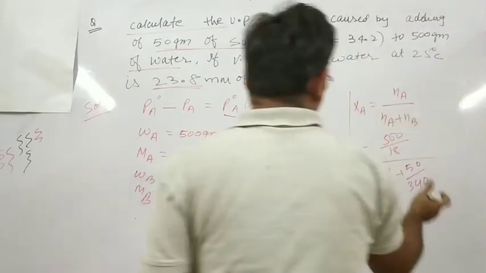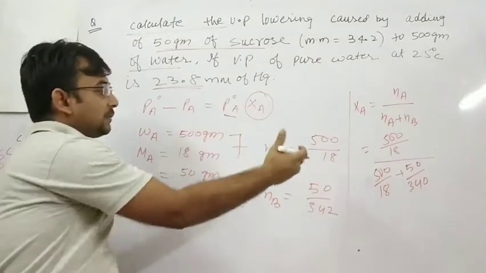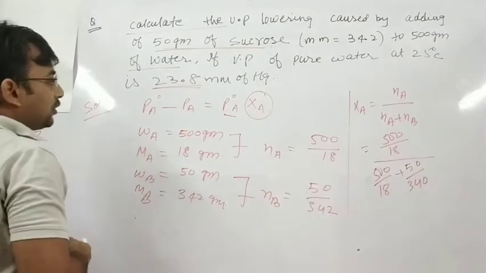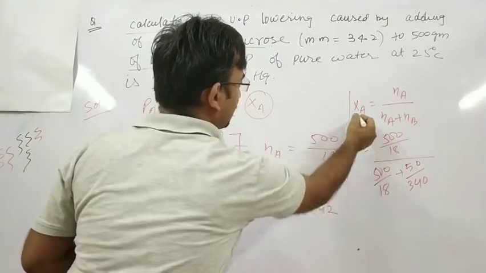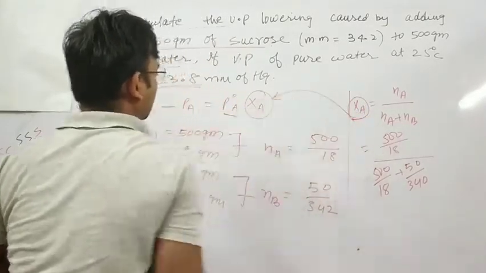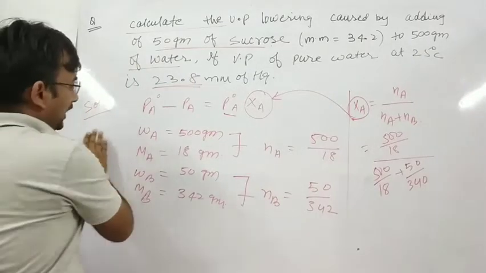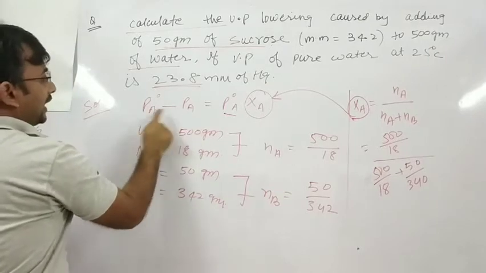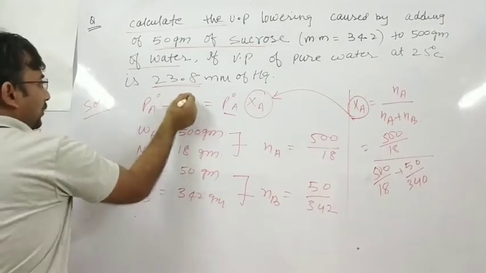Now sometimes we don't need to calculate all these things because ultimately something will be cancelled later on. So if we put this value, this is the mole fraction of A directly in this formula. It will be very simple to find this lowering in vapor pressure. This entire value we have to calculate.